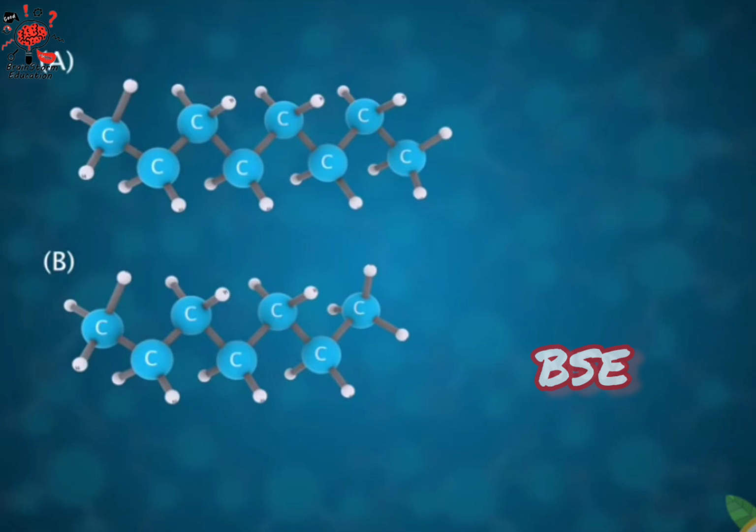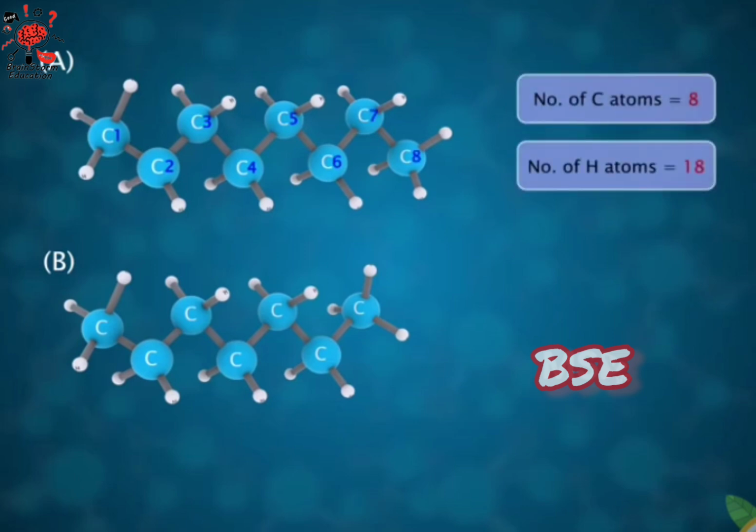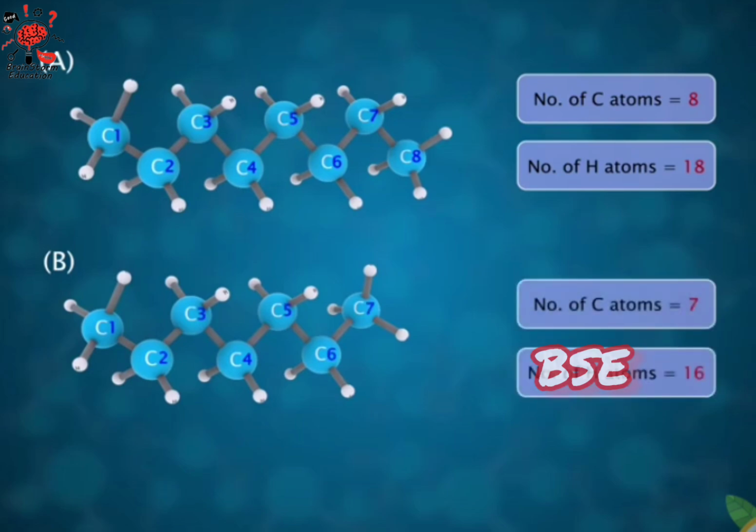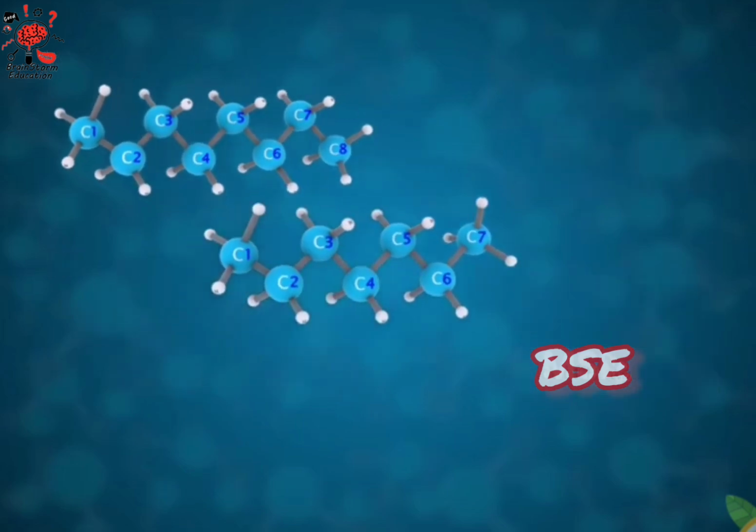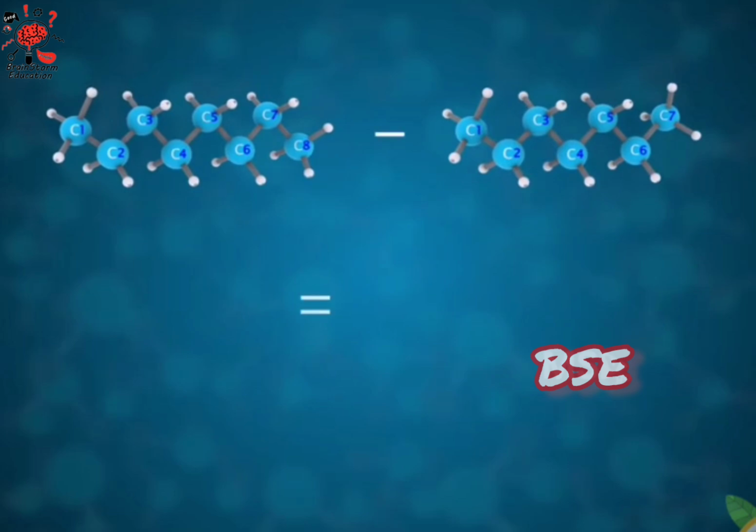Count the number of carbon and hydrogen atoms in each. What do you infer? The difference between the two members is CH2.